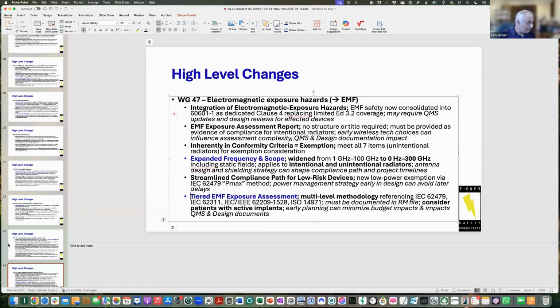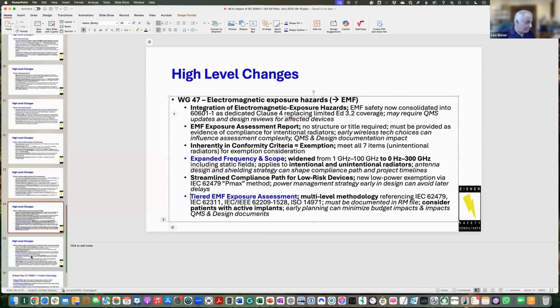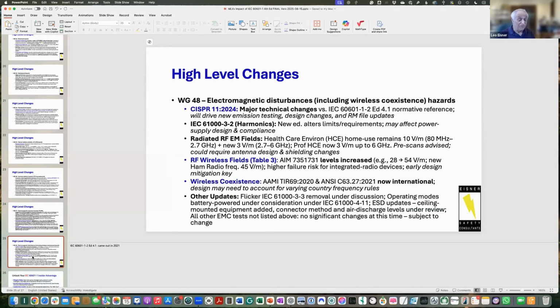And then the piece de resistance is the EMC requirements are going to be significant changes. CISPR 11, I had one of my 3 or maybe 4 EMC experts in my group look at this. And he sat down and looked at the changes.